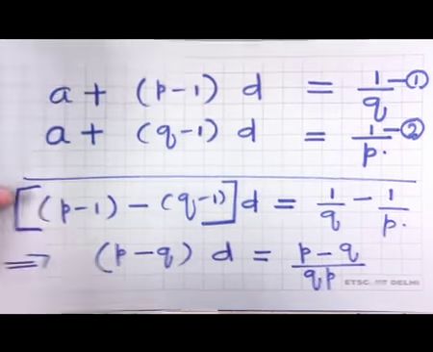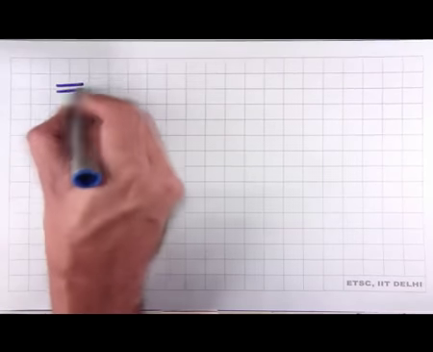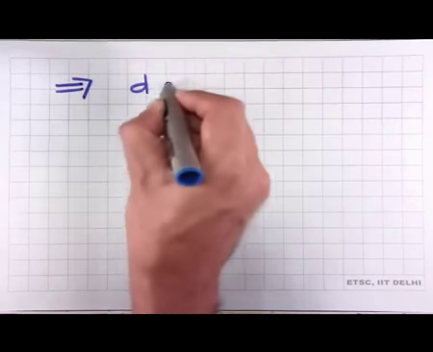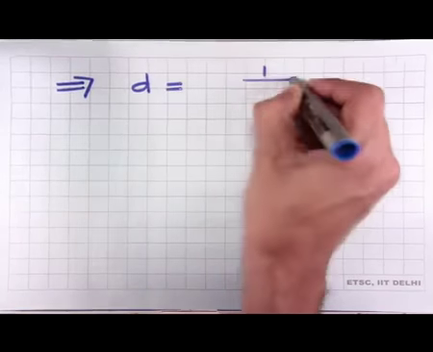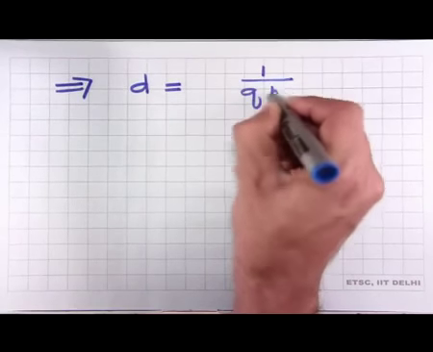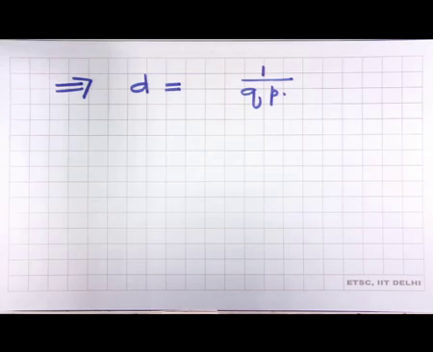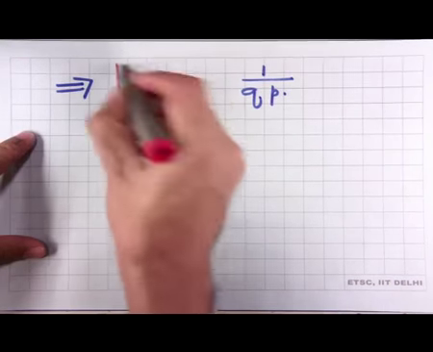That on simplification yields d equal to 1 by qp, and this gives the common difference for our AP.